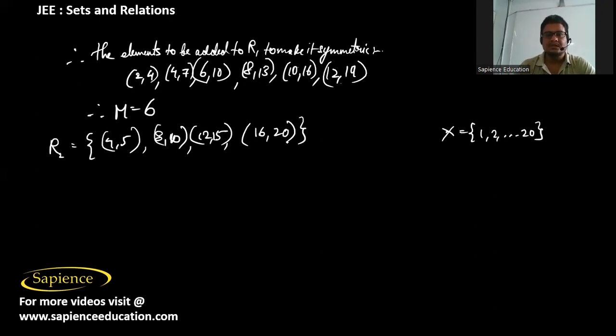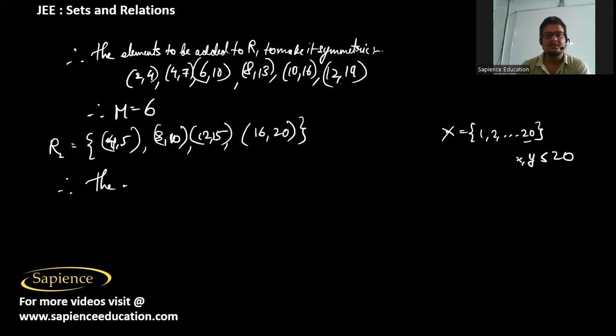We cannot take any element which is more than 20. X or Y should always be less than or equal to 20 only, since it should be in the set X. So here also, as you can see, it is not a symmetric relation, since (4, 5) is there but (5, 4) is not there. (8, 10) is there but (10, 8) is not there.